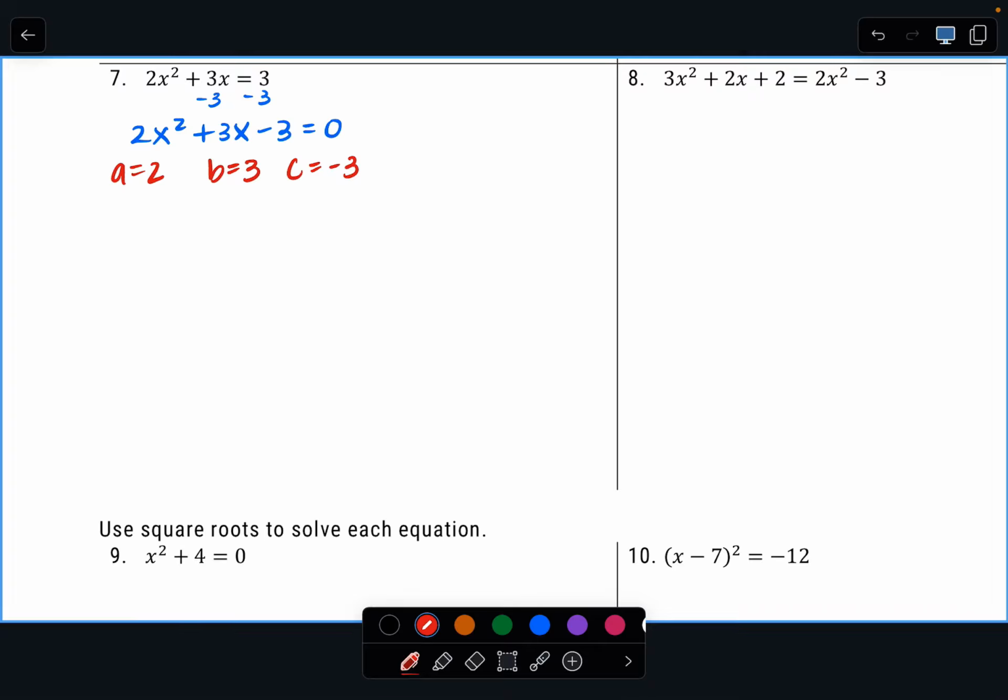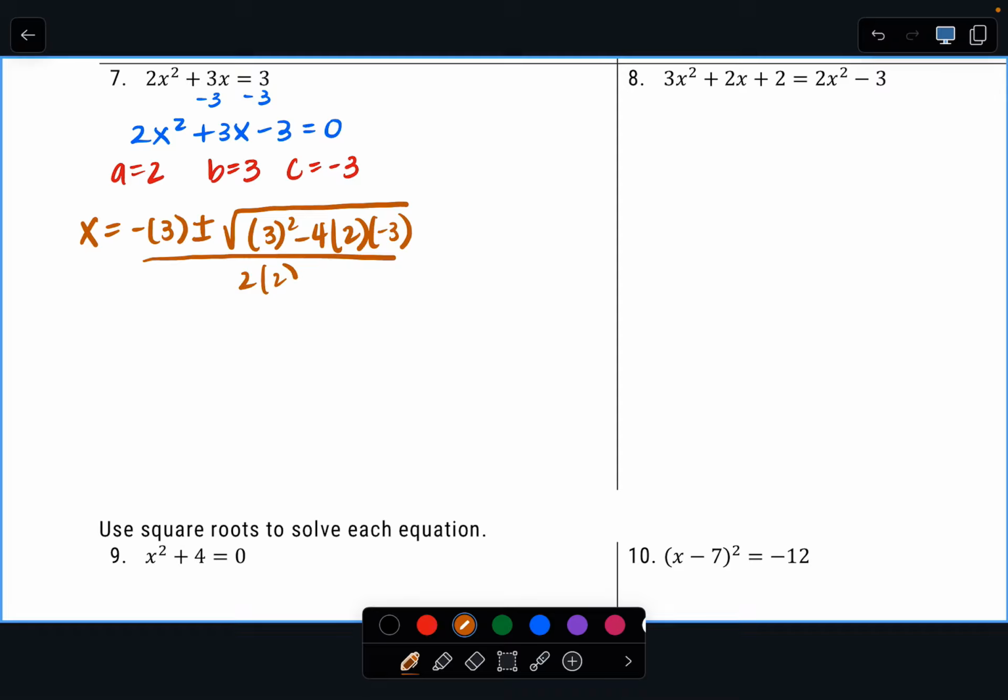Oh, can we solve it? You can keep going. Yes, if you want to keep going, you can.